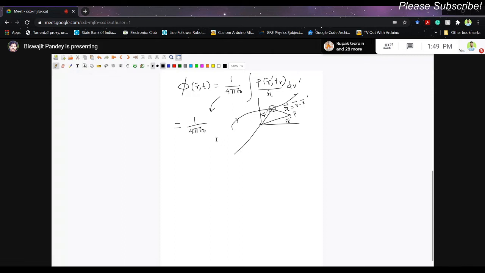This curly r can be taken outside the integral, because if you think the volume to be sufficiently small, then curly r is not changing very much within that small time interval, because this curly r is basically giving you the distance between the source point and the field point. So if the time interval is very short, then this volume can be taken very small, and you can think that curly r is not changing, so you can keep this outside.